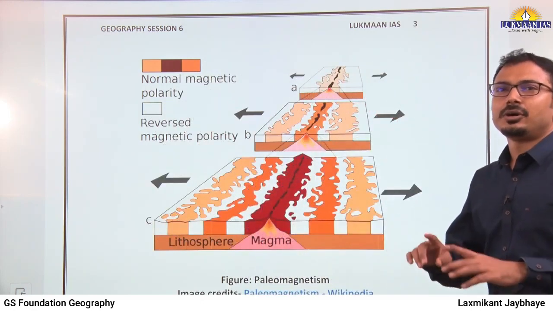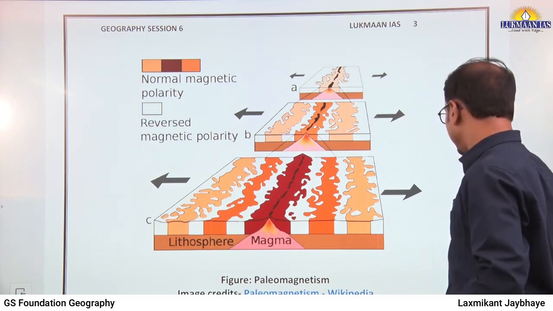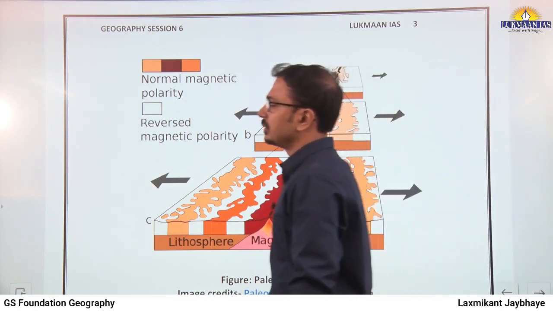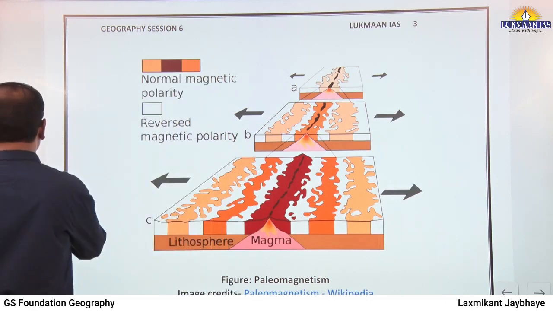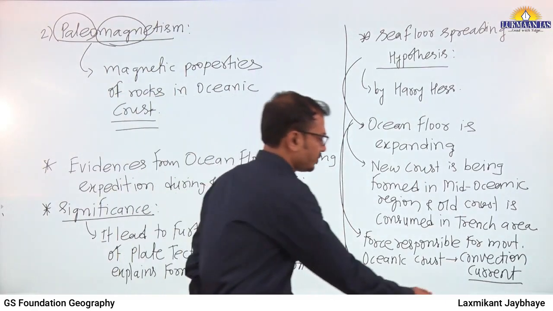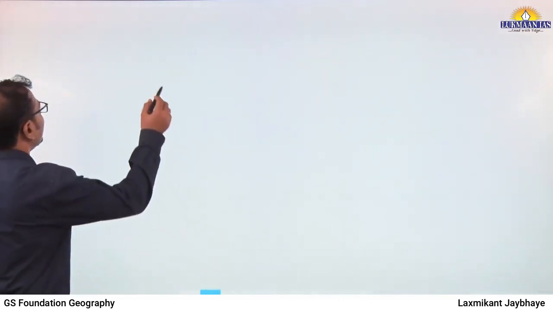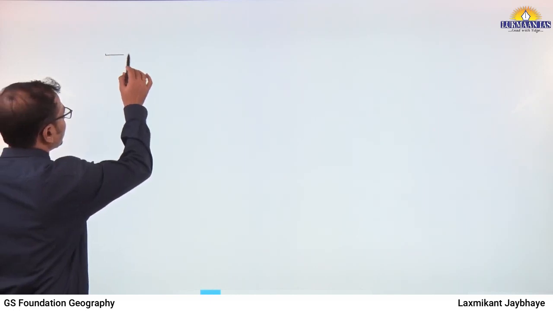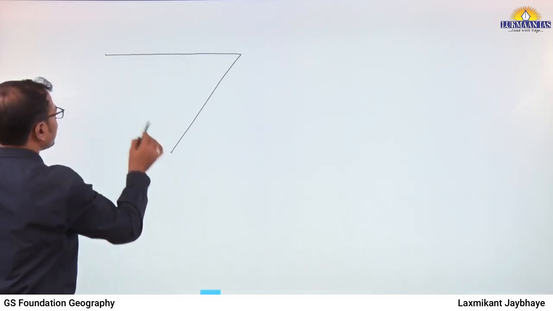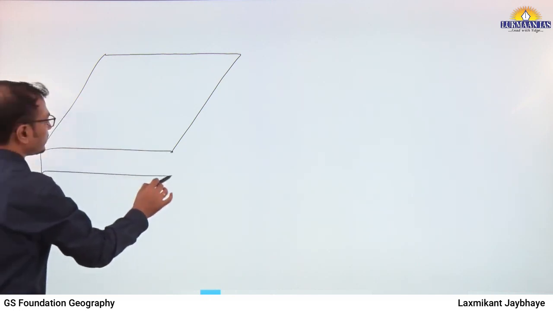You can simply draw one diagram, show it like a three-dimensional slab. Okay, let us draw that diagram, because whenever you are explaining something, if you draw a diagram, it becomes a very enriching part of your answer. Like this, a three-dimensional diagram.